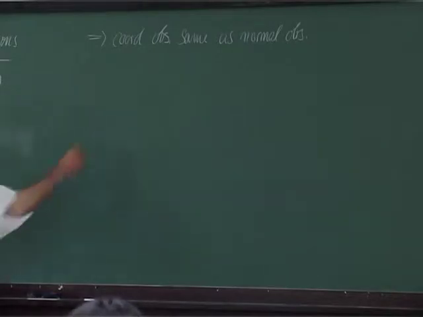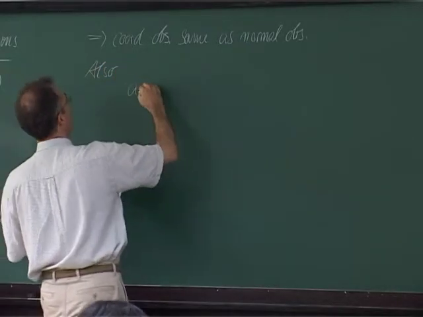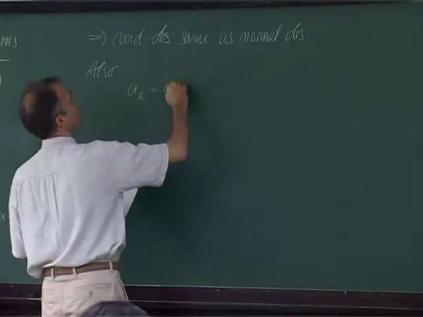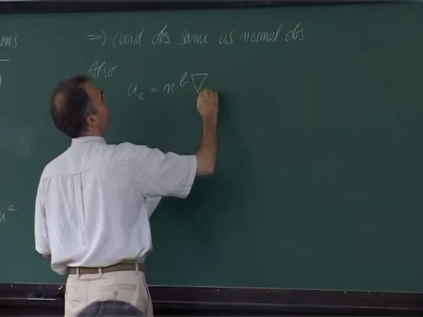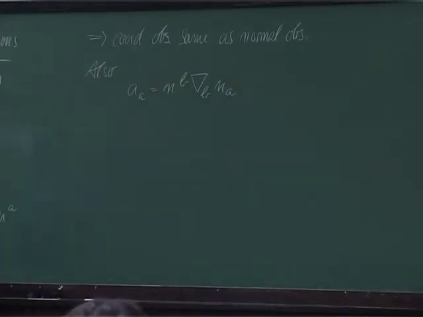What is the acceleration of the normal observer in this case? Actually, how do we define the acceleration? Well, we define that as a_a equals N^b grad_b N_a. Remember that? But didn't I ask you to derive a neat identity so we can express this as something else? What was that?